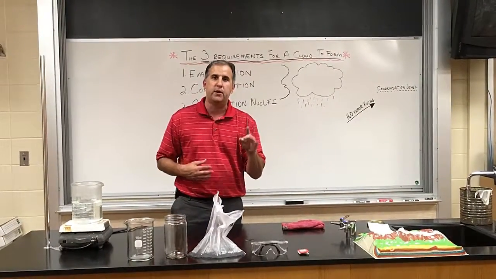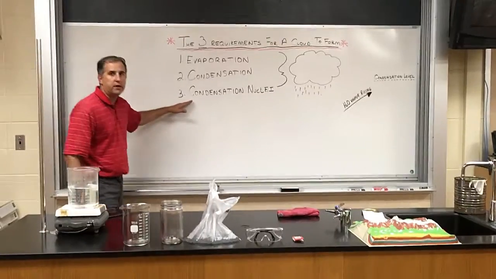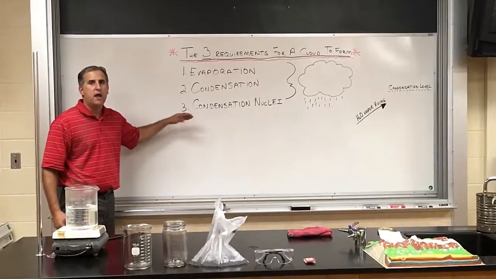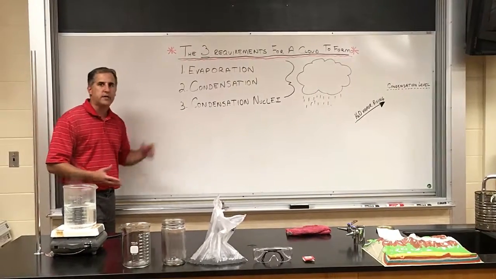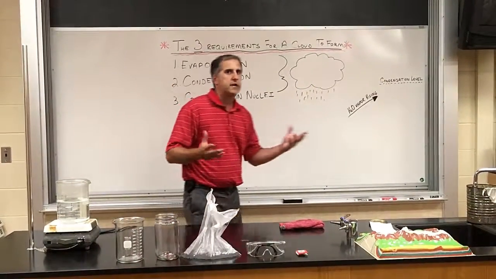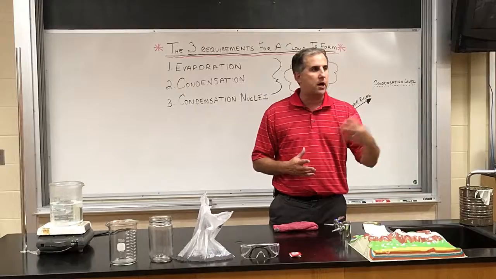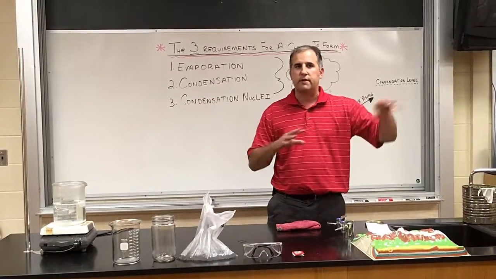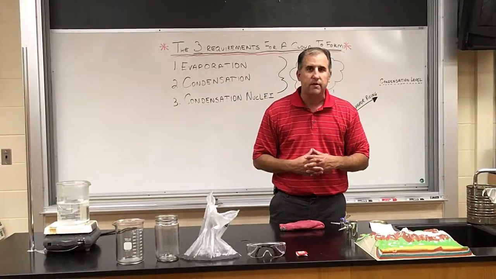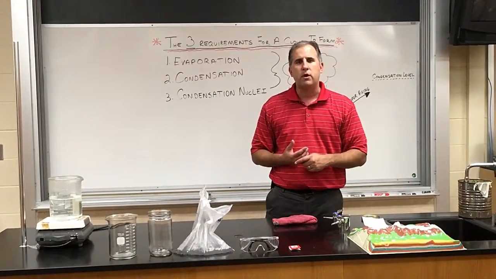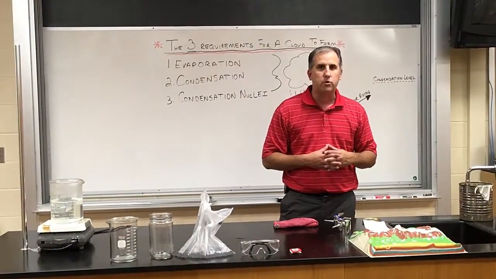And in my opinion, without this third component, condensation nuclei, a cloud will not be able to form. So what is condensation nuclei? Condensation nuclei is all around us. Dust, dirt particles that are floating around in the air. In the atmosphere, it mainly consists of dirt, smoke, and salt particles from the ocean.